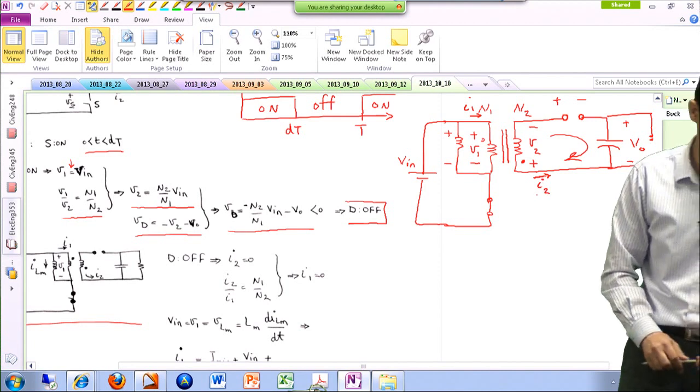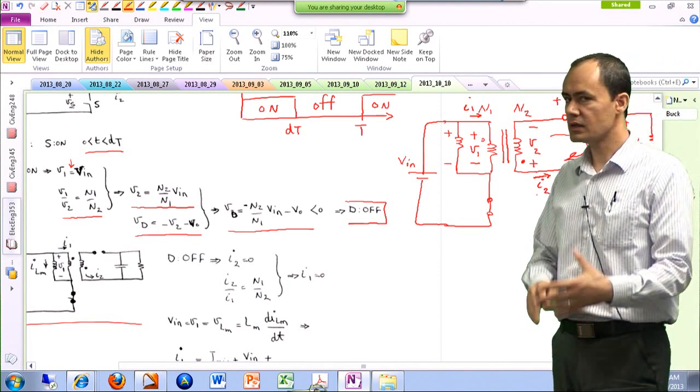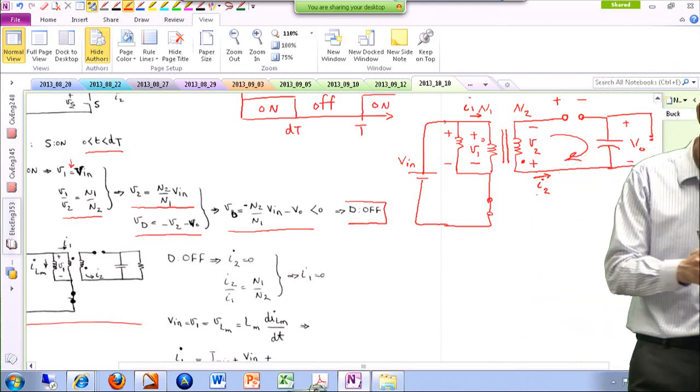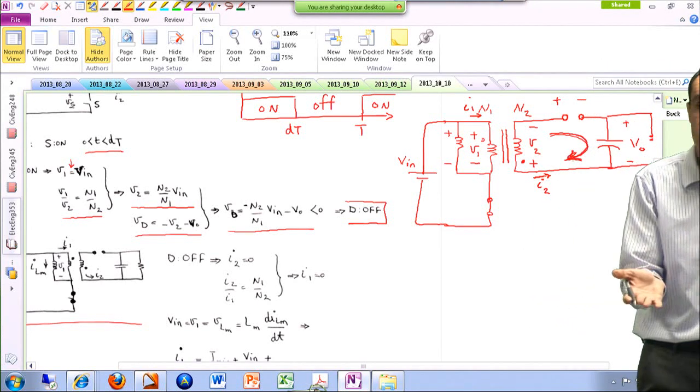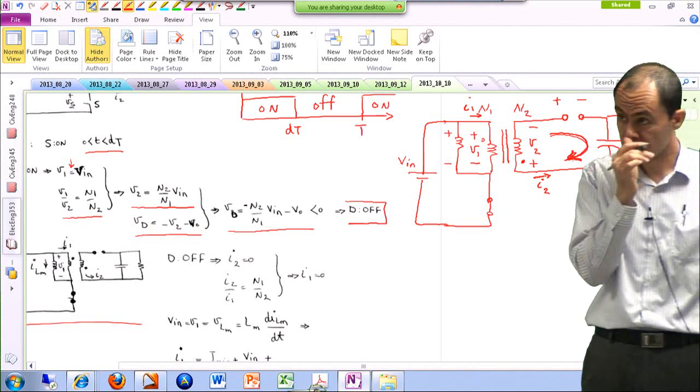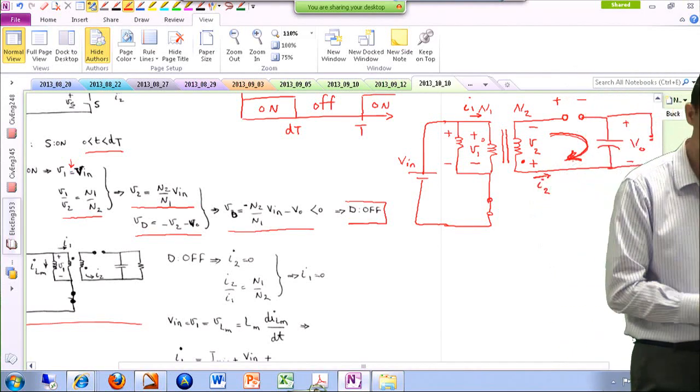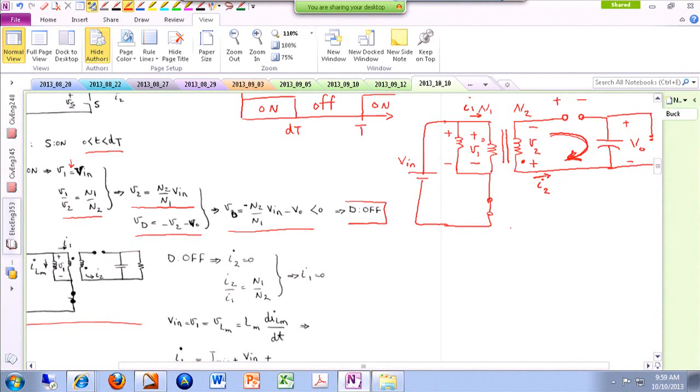So this is I2 basically. Now, because that diode is off, there is no action going on in this loop. That means I2 is 0. If I2 is 0, that means I1 is 0, because I1 and I2 are proportional to each other. Remember, I2 over I1 is N1 over N2. So if I2 is 0, the conclusion is I1 is also 0.